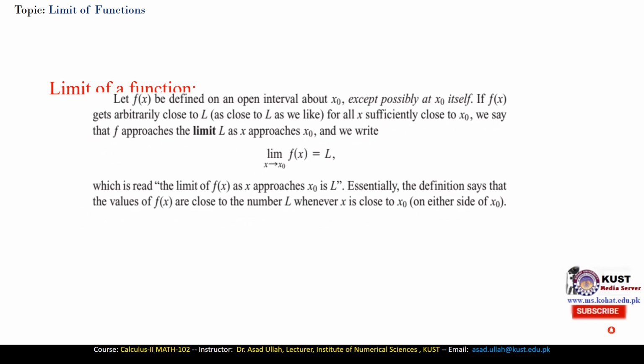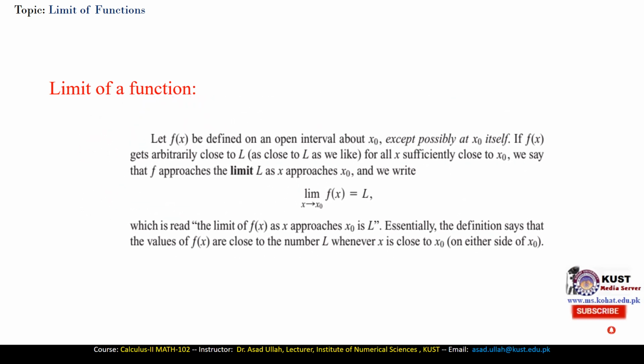Limit of a function. Let f of x be defined on an open interval about x naught, except possibly at x naught itself. If f of x gets arbitrarily close to L, as close to L as we like, for all x sufficiently close to the point x naught, we say that f approaches the limit L as x approaches x naught.